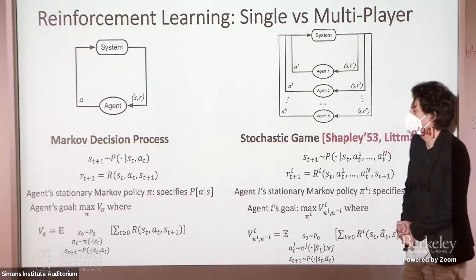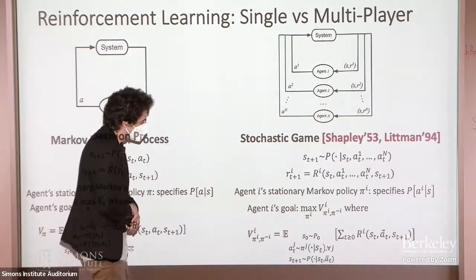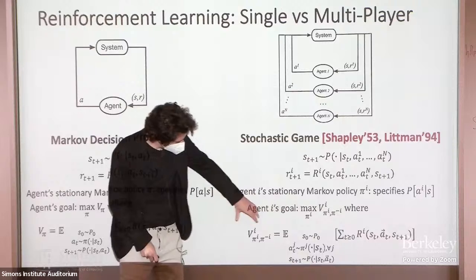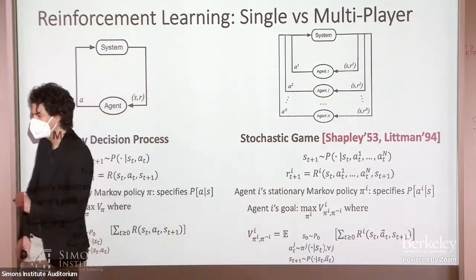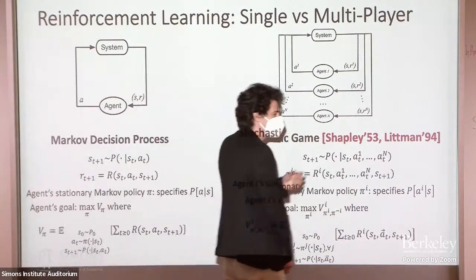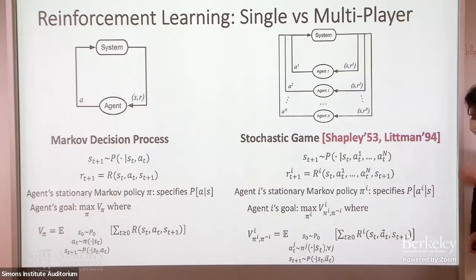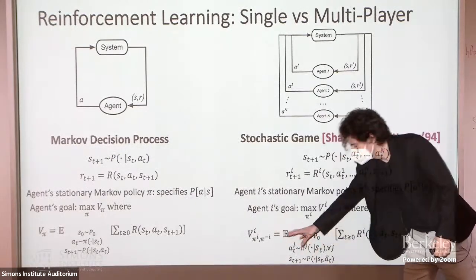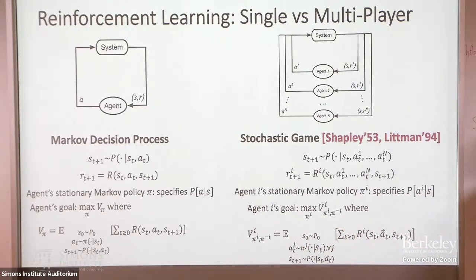Okay. Now, what I wanted to point out is that this function of your stationary policy is not convex or concave in your own policy, right? It's very non-convex in general, because you take that policy, you use it in this expectation, you plug it into the reward function. In general, it's not convex.